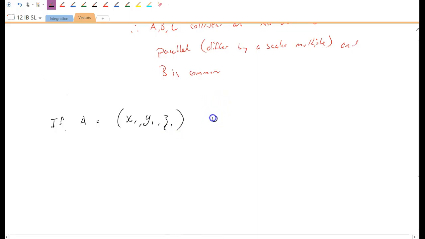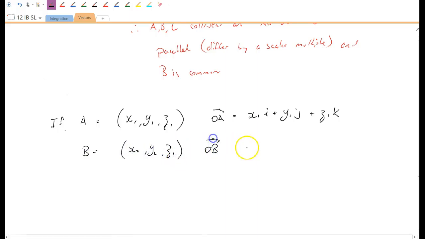Then OA being x1i plus y1j plus z1k, and if we've got B equaling x2, y2, z2 as a point in space, then my position vector OB is x2i plus y2j plus z2k.